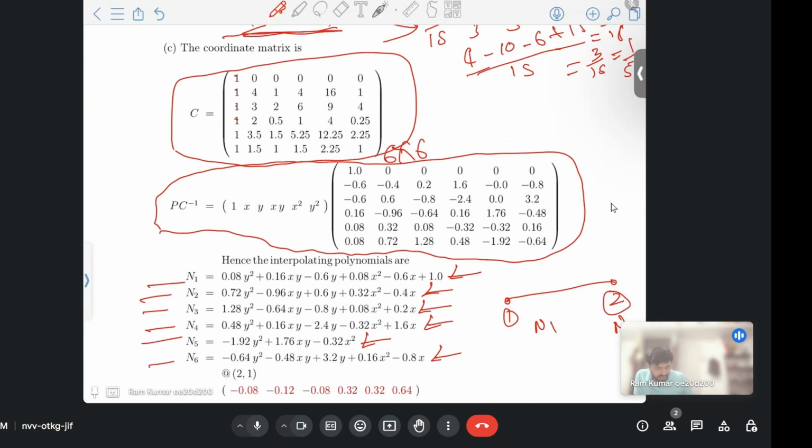And for example, I want to find N1, N2, N3 at 2, 1. So we put the values here. Let's verify for N1 at 2, 1.